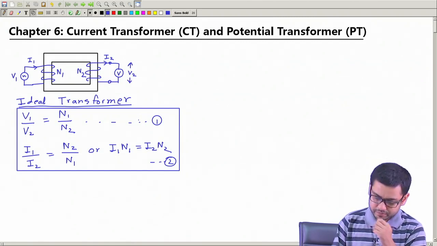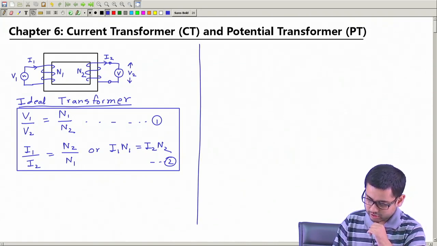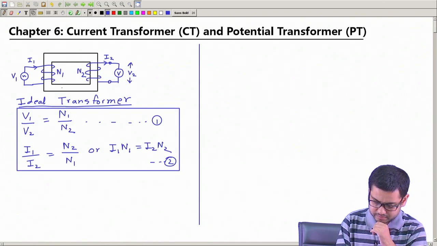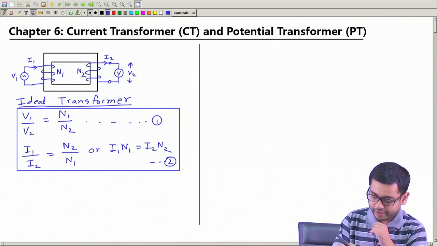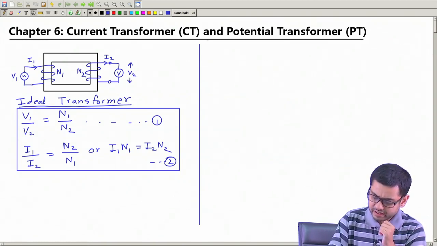Now, let us start with an ideal transformer only. And how can we use this transformer for measurement?